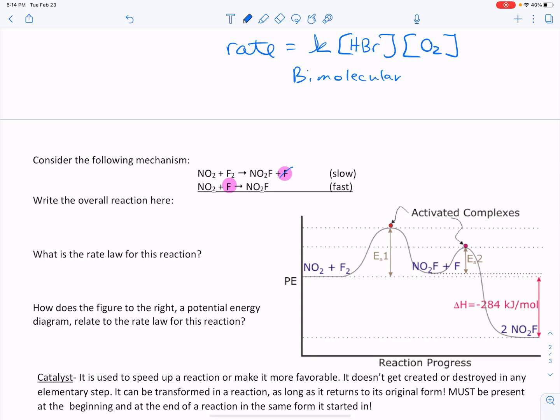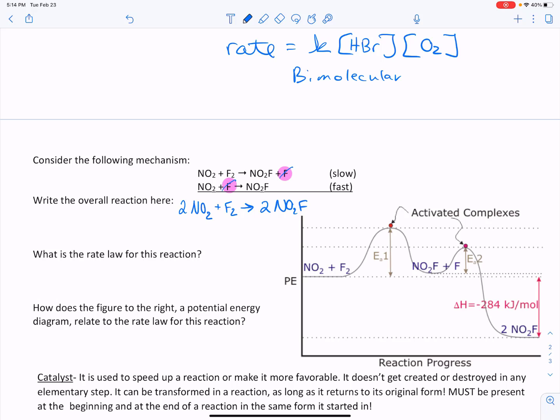And so it's going to get eliminated in our reaction. And now let's just rewrite it because nothing else has been created and transformed. So we have 2 nitrogen dioxides plus fluorine gas yields 2 NO2F molecules. That is our overall reaction.